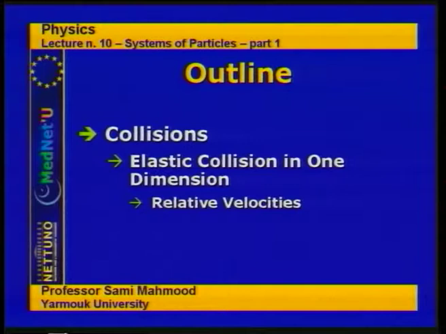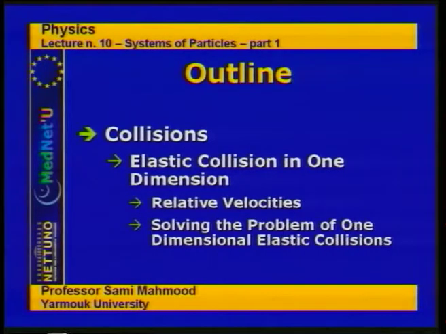And then we will go on to solve the problem of one-dimensional elastic collision between two objects and find the final velocities, given that we know the initial velocities and the masses of the two objects.